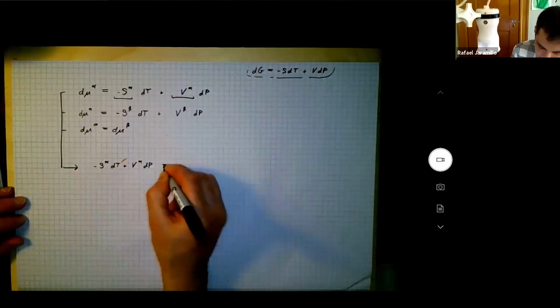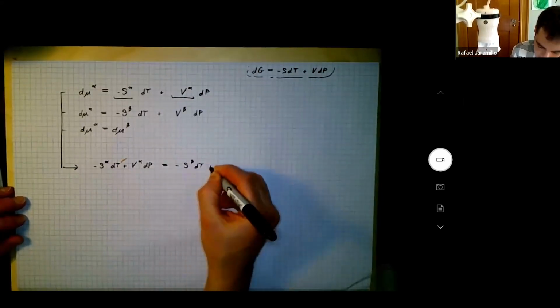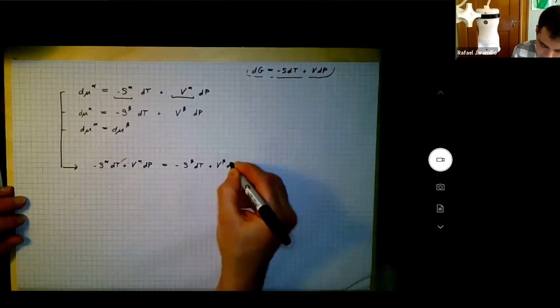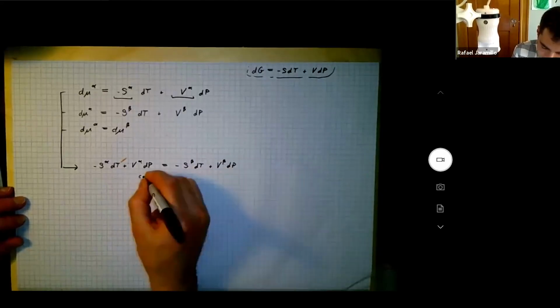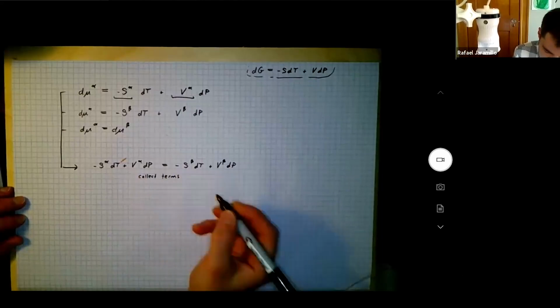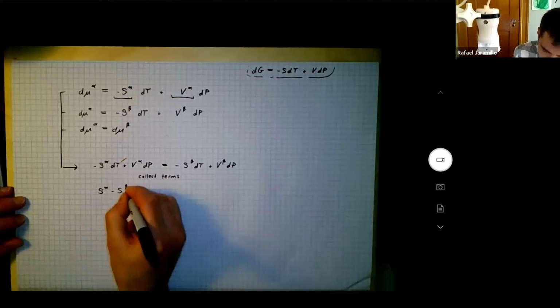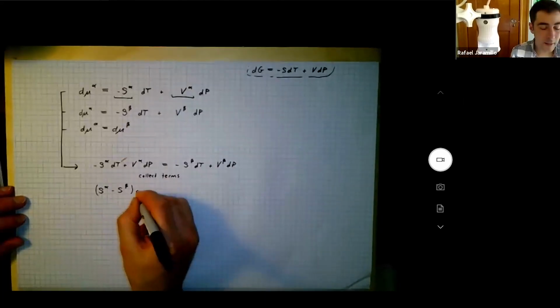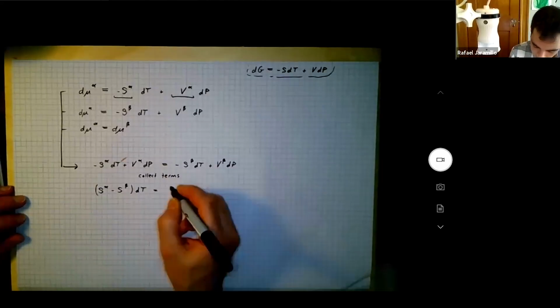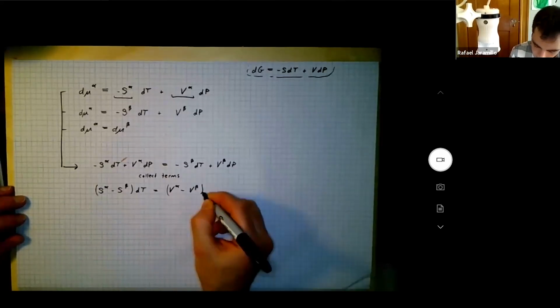And that's going to be equal to minus S beta dT plus V beta dP. I'm going to collect terms, and I get S of alpha minus S of beta dT equals V of alpha minus V of beta dP.